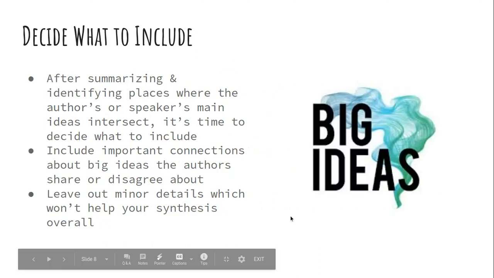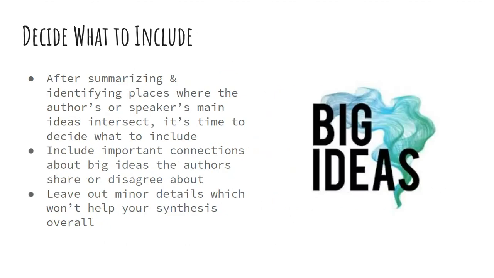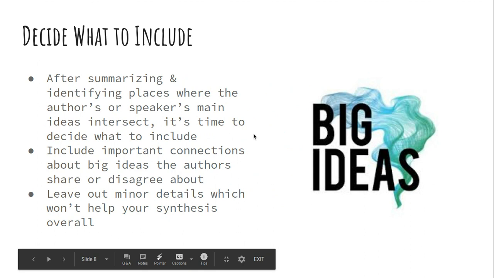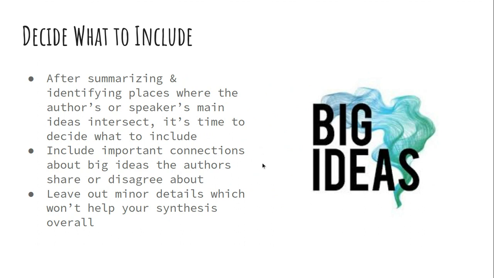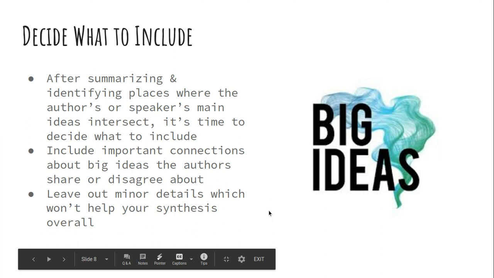So after you have summarized and then identified some places where the author's or speaker's main ideas intersect, then it's time to decide what to include. So you want to make sure that you're including important connections about big ideas the authors share or disagree about. But you can leave out minor details which won't help your synthesis overall.